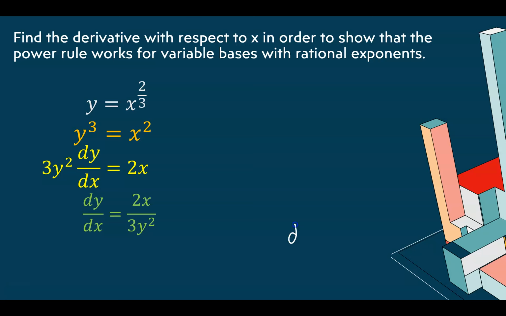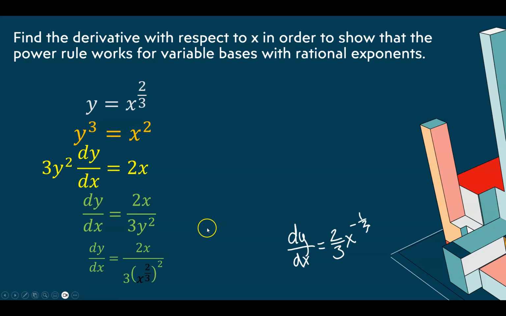And if the power rule works, and it does, for an exponent like 2/3, we expect to get 2/3 x to the negative 1/3. 2/3 minus 1. Okay. And so we can see already, well, we have that 2/3. And who knows about the x in the numerator, but we really want to rearrange to get rid of that y that's being squared in the denominator.